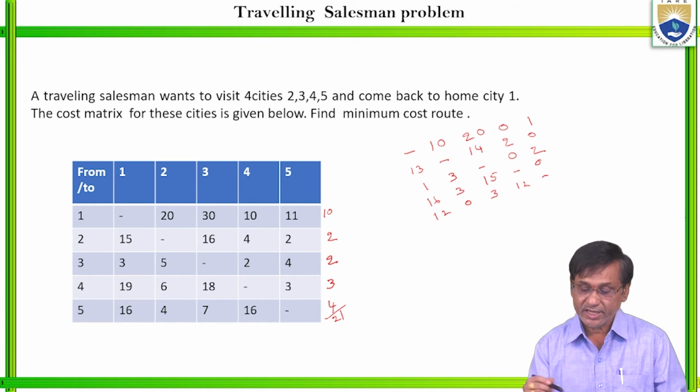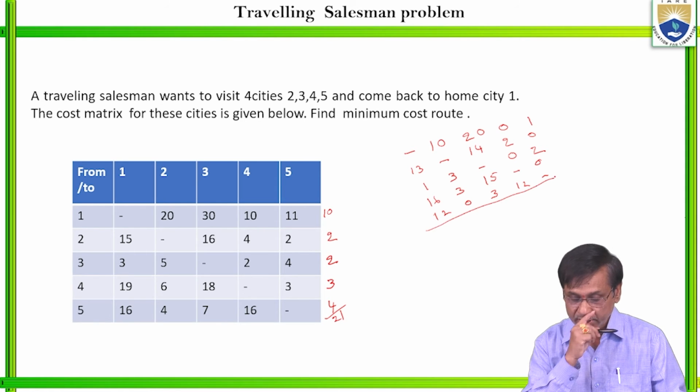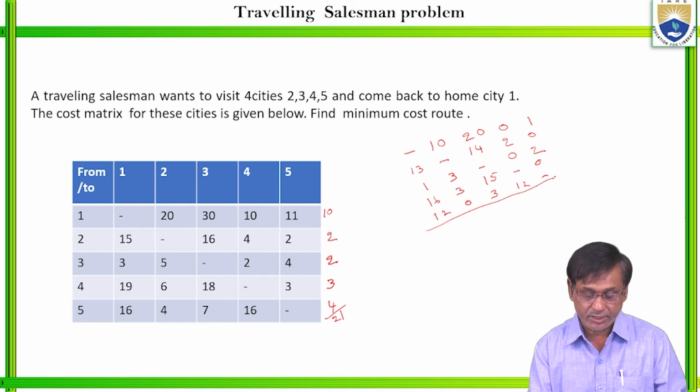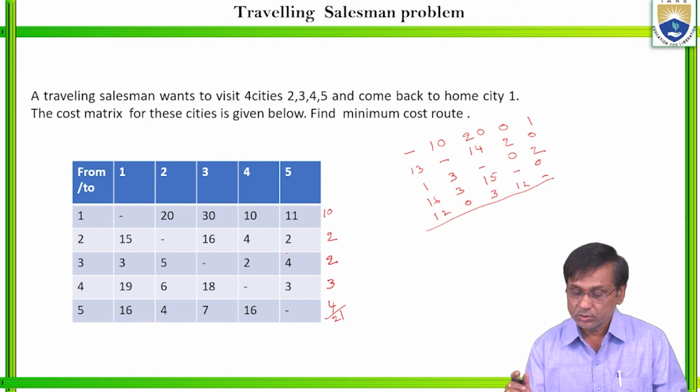Now check up, is there any possibility to reduce it further? Now you see here, is there any possibility to reduce it? This is 3 minus 2, that is 2.